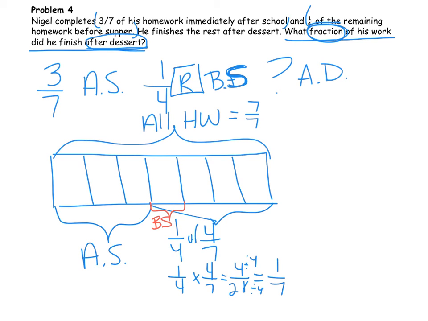All right, so how much is going to be after dessert? Well, how much is left? So this must be after dessert. We'll count it. 1, 2, 3. So after dessert must be 3/7. So let's write our answer statement.